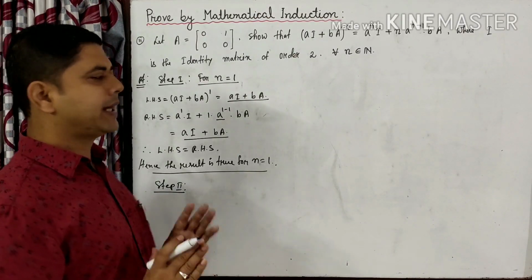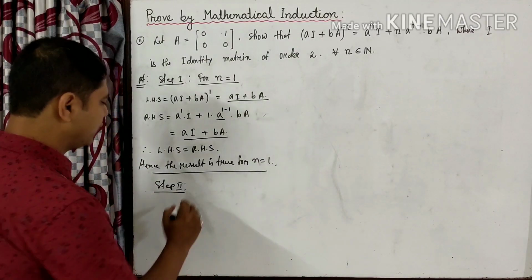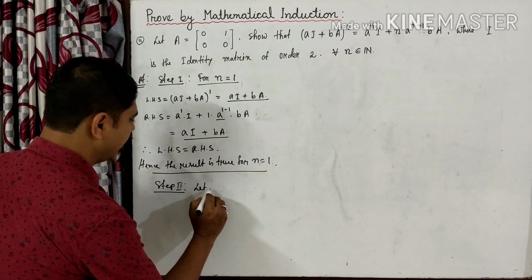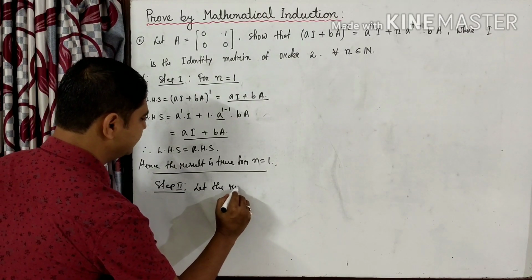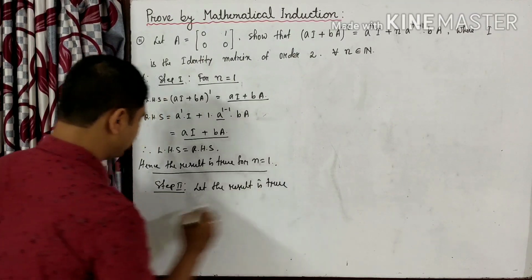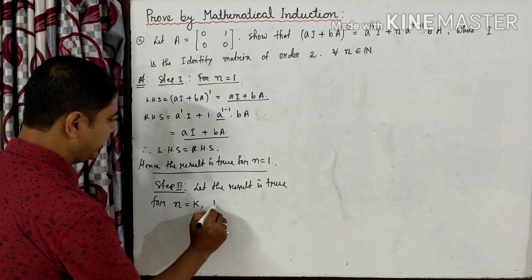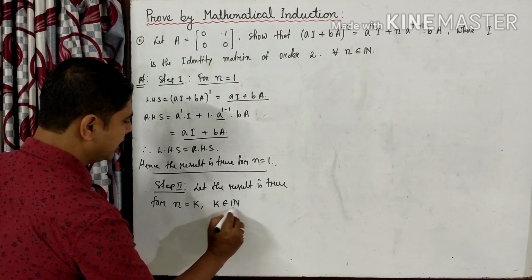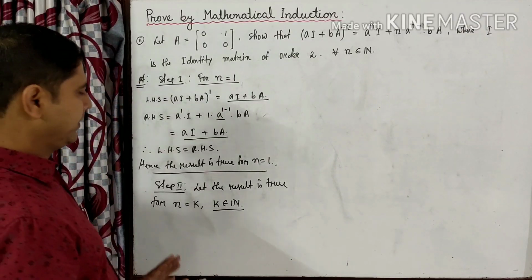In the second step we have to consider the result is true for n equal to k. Let the result be true for n equal to k, where k belongs to all the natural numbers. You have to mention it very well.